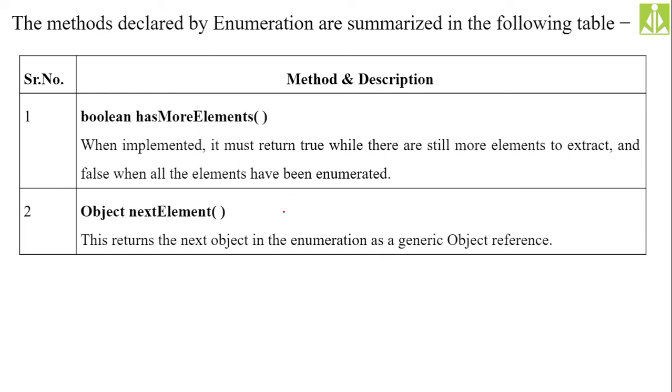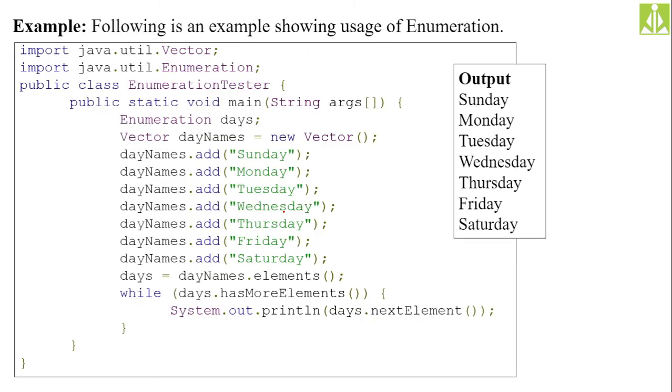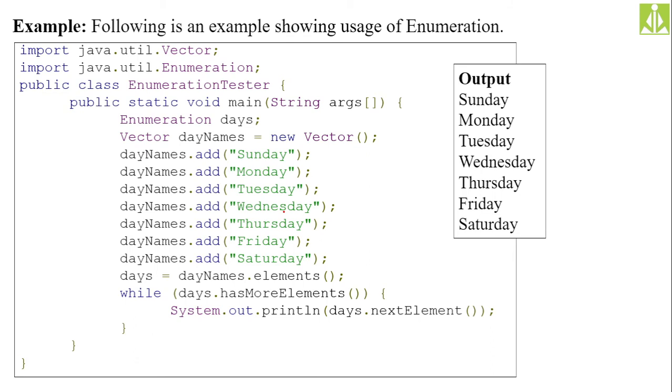It returns the next object in the enumeration as a generic object reference, so you need to typecast to make it specific. Here is a simple example of Enumeration. We have created an enumeration named days.